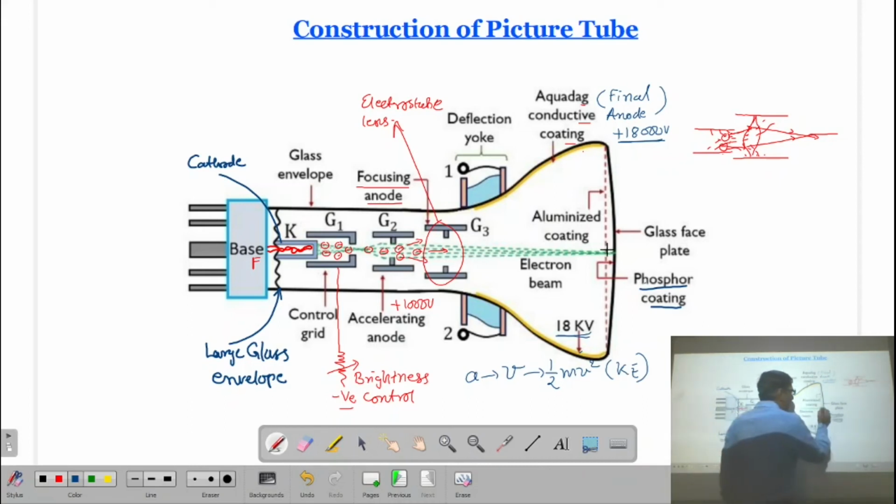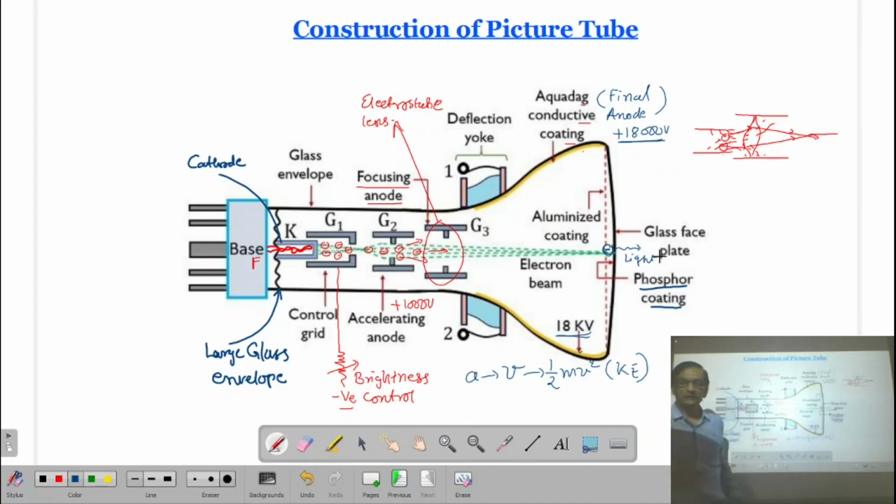Now when this electron strikes the phosphorus coating, there will be an interaction. Due to this interaction, light is going to be emitted.